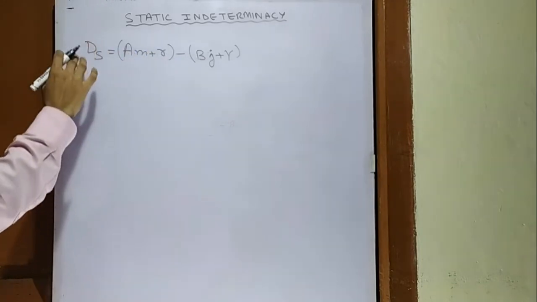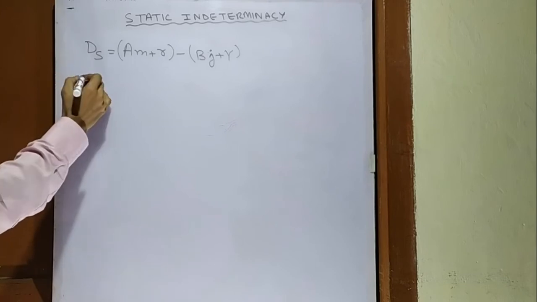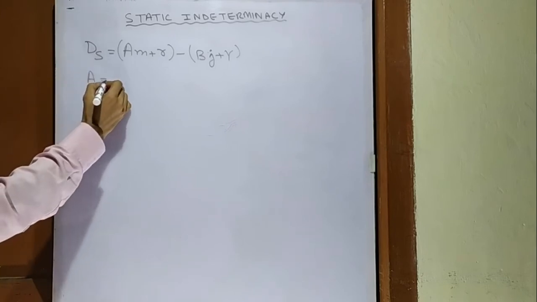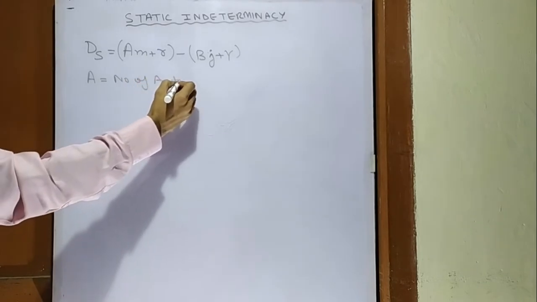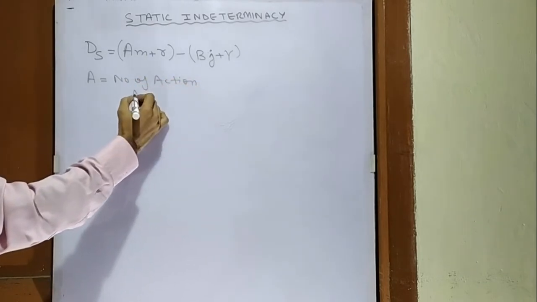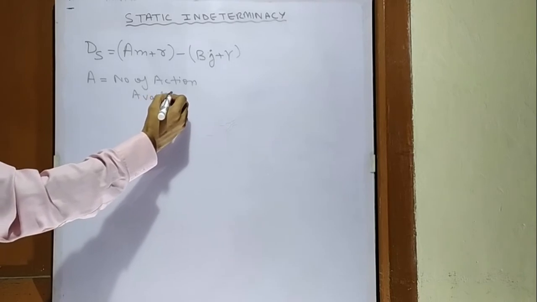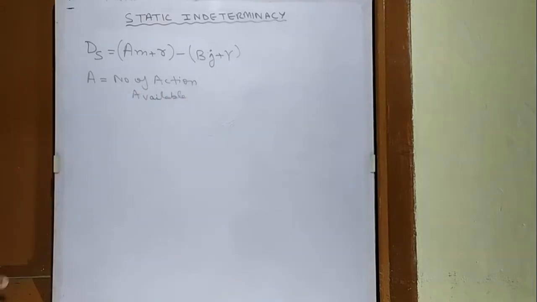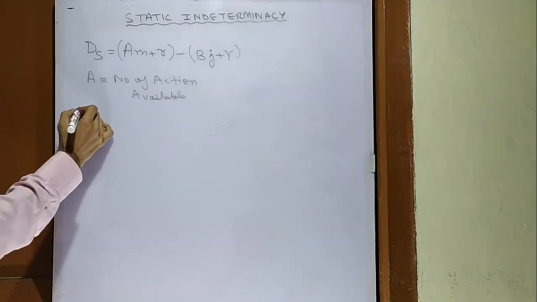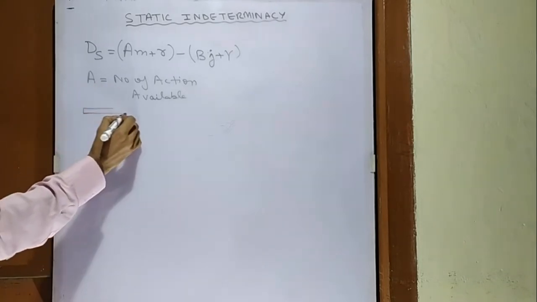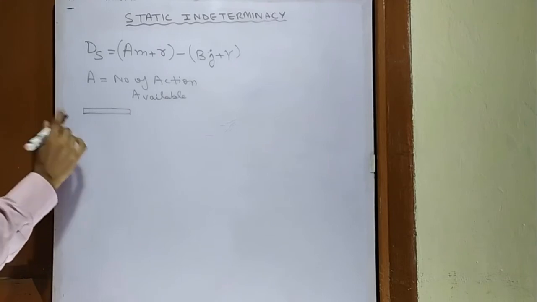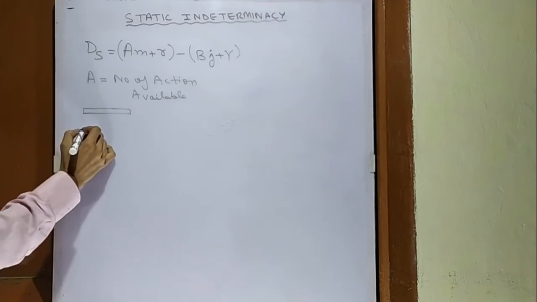Now Ds we know is the degree of static indeterminacy. And a is equal to the number of actions available. Now what is the number of actions? Okay, for the general case, if we see a member like this, this is our beam, so how many actions can this beam have?